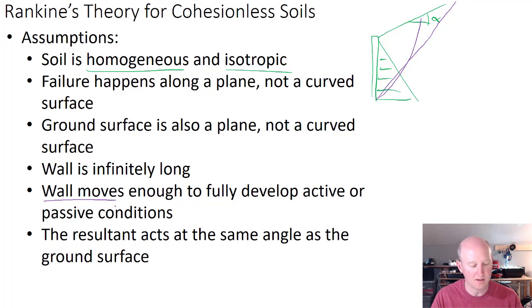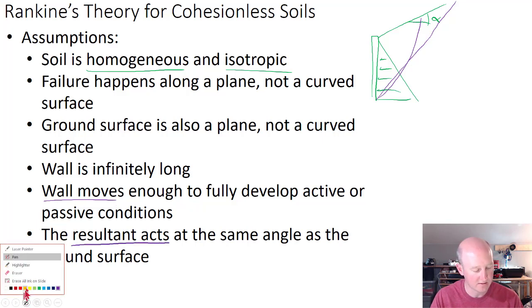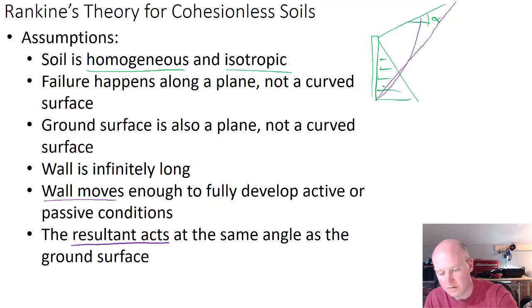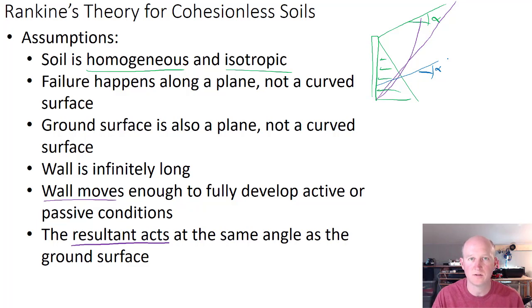Okay, and then the last thing, and this is the trick, is that Rankine said that the resultant is going to act, and I should have drawn my arrows inclined. The resultant is going to act inclined along that same angle as the surface of the backfill.